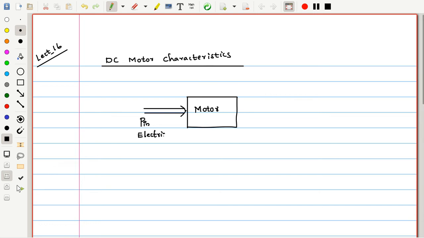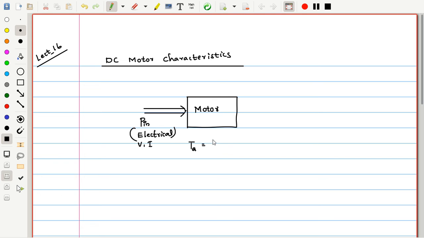This is the electrical domain, where we deal with voltage and current. And once we give the power supply to the machine, as we saw in the last lecture, what happens is that it develops a torque. This torque we call the electromagnetic torque or the armature torque. So you can represent it as TA or TEM.